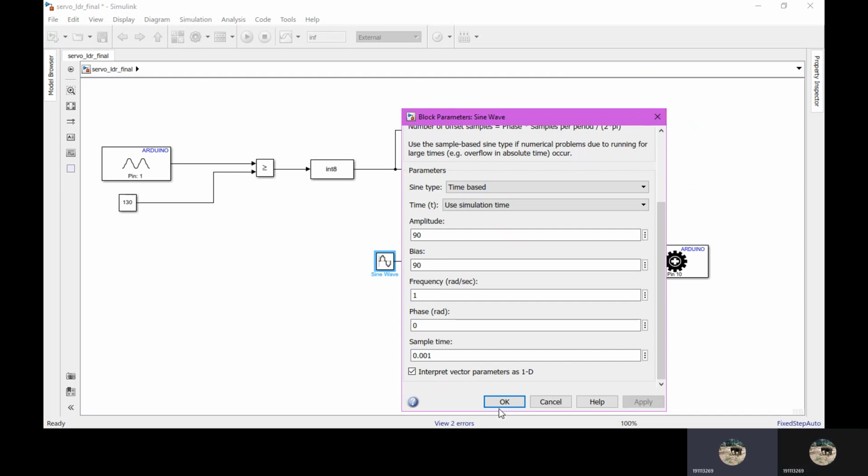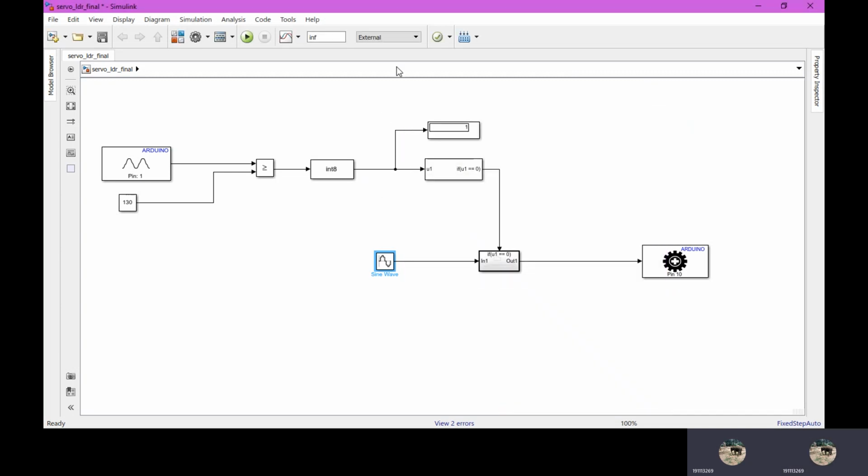So now I have set my simulation mode to external. And by the way, this whole project has been created using the Arduino support package for Simulink. And this is much more intuitive than the Arduino software provided by Arduino, because you have to generally code a lot and write various conditions and various pins and think about various libraries, implement them.